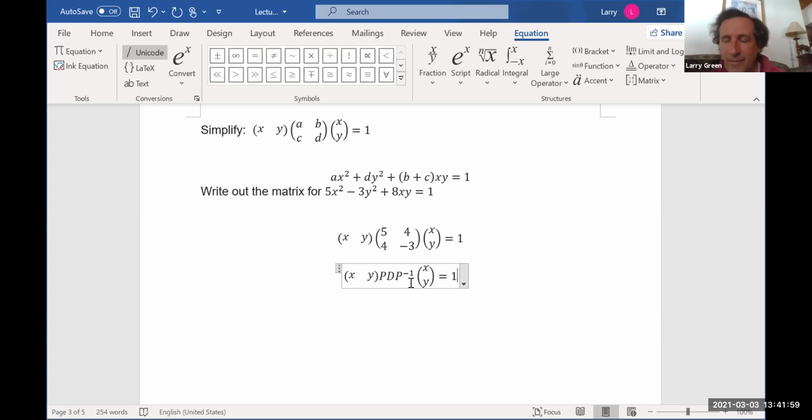Do you remember that? So we can think of P as a change of basis matrix. Any questions on that? And not only is it a change of basis matrix, but it's an orthogonal change of basis matrix. Do you remember what orthogonal matrices do to the plane? What do they do to the plane?